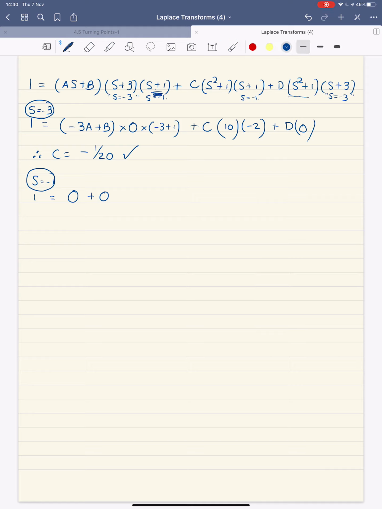This last one is going to have a value. s is minus 1, so it's (minus 1 squared plus 1) times (minus 1 plus 3). So this means that 1 is D times 2 times 2, which is 4. So therefore, D is 1/4. Quick check of my script. Indeed it is.